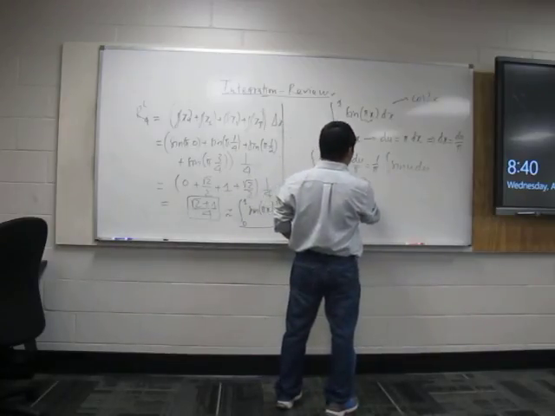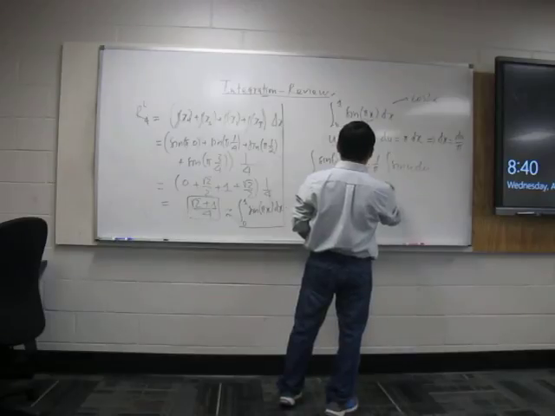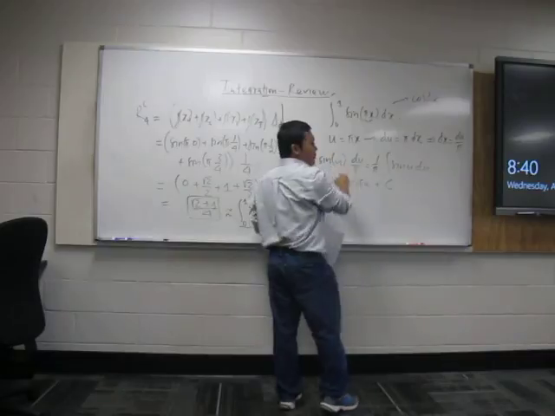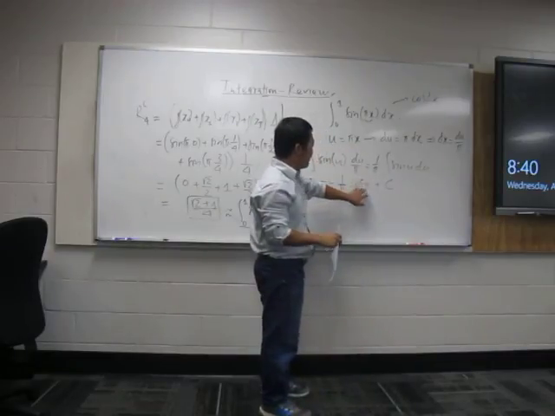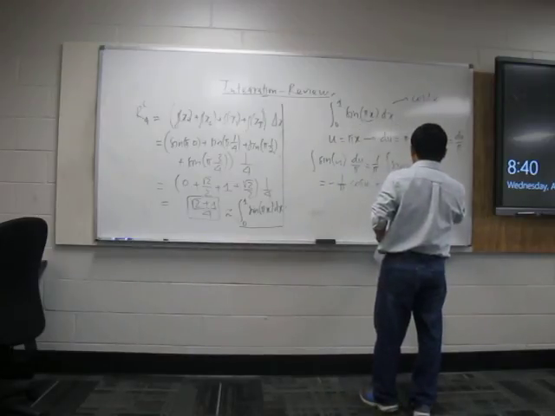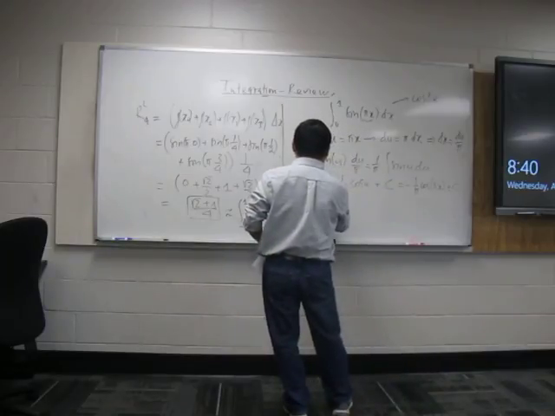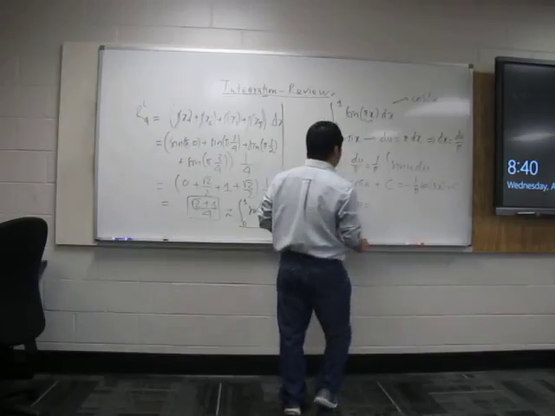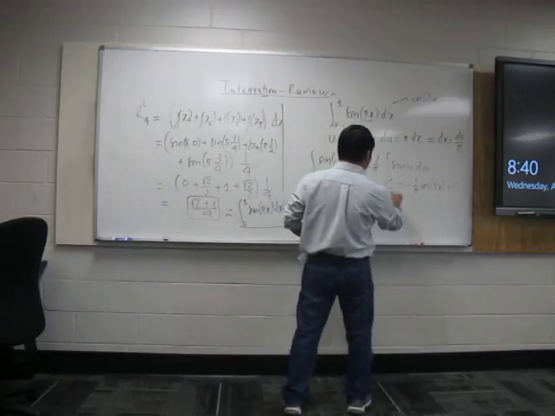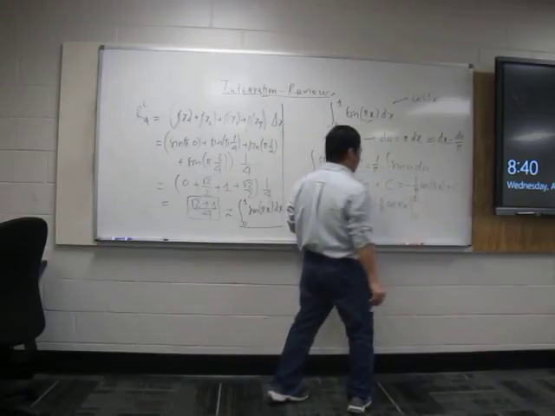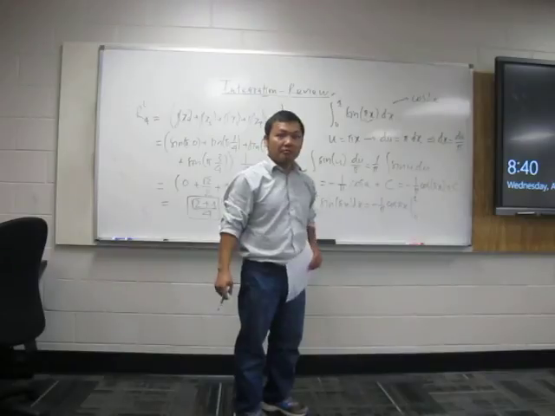So I have negative 1 over pi cosine of u plus c. Now I plug pi x into this expression, so I get negative 1 over pi cosine pi x plus c. Then my integral from 0 to 1 of sine pi x dx is equal to negative 1 over pi cosine pi x evaluated from 0 to 1. That's it.